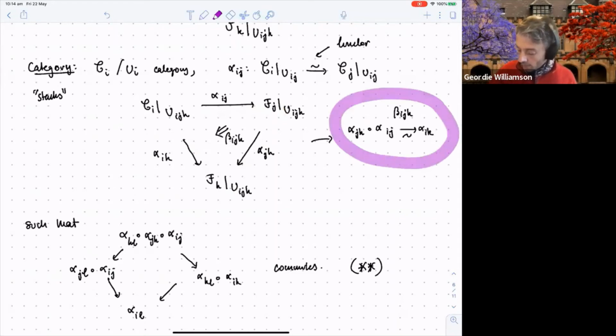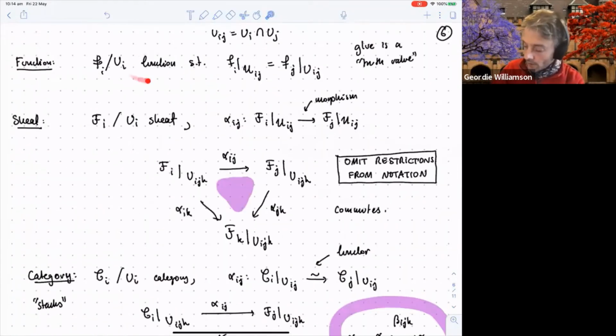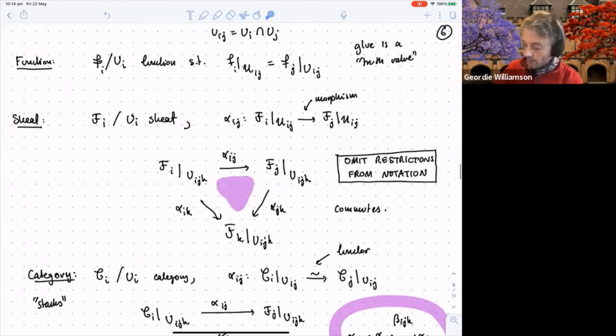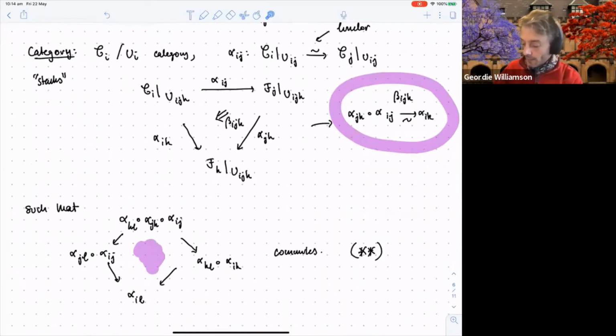And now this becomes our gluing condition. So this is descent for functions. This is descent for sheaves. This is descent for stacks, or descent for sheaves of categories.